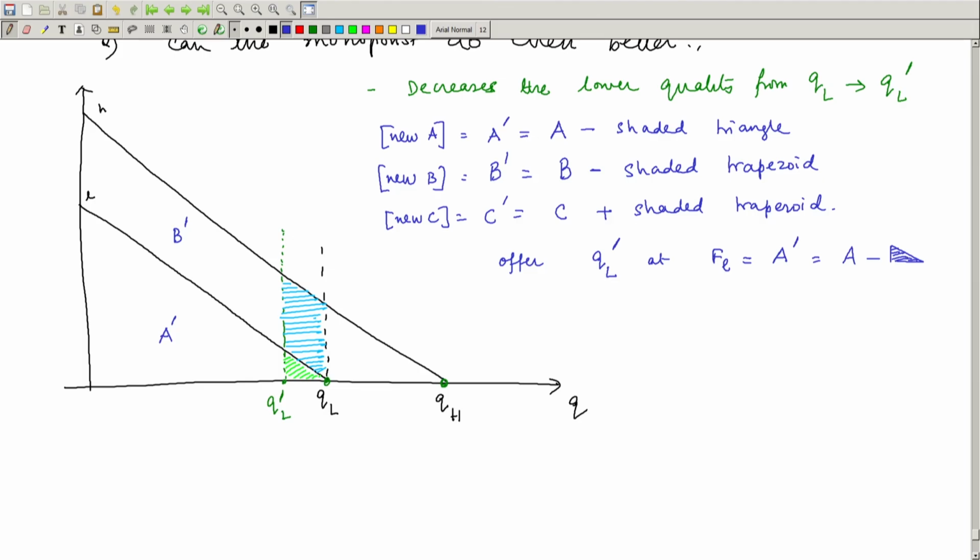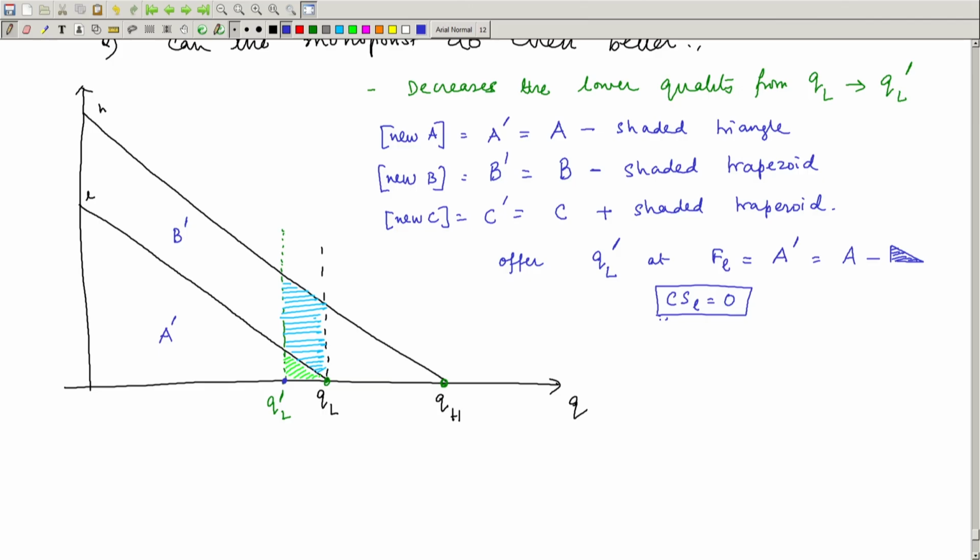Now, what is going to happen? The L type is going to buy these QL prime units, and I am going to extract A prime, the willingness to pay of the L type for these QL prime units. So, the consumer surplus for the L type is going to be exactly equal to 0. So, I am extracting all of the surplus from the L type.